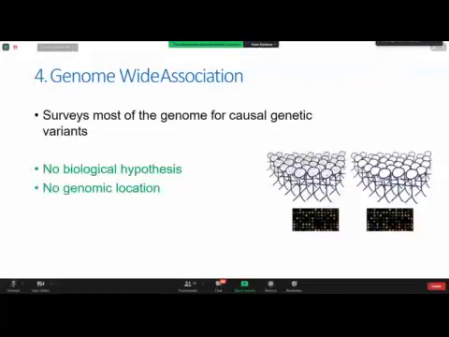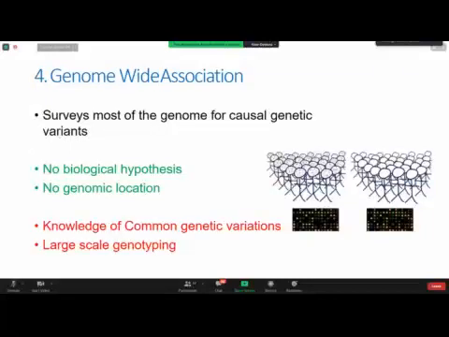So basically, we don't have any biological hypothesis in this one, because we are not thinking that this gene or that gene would be involved. We are just looking at the whole genomic picture, and no specific genomic location, because we are looking at the whole genomic region, using knowledge of common genetic variation and large scale genotyping.